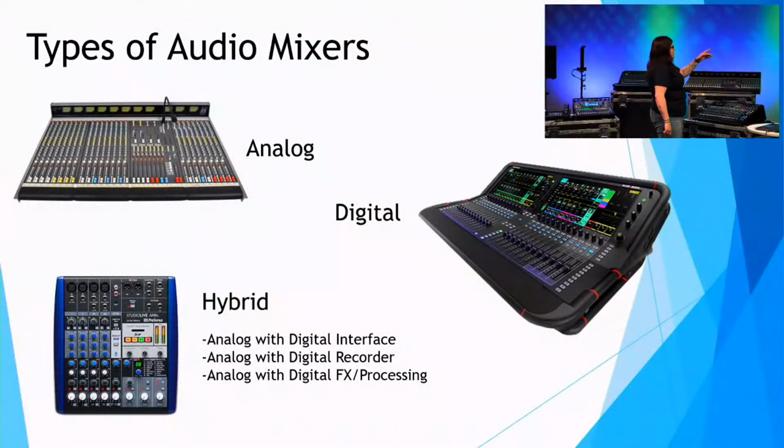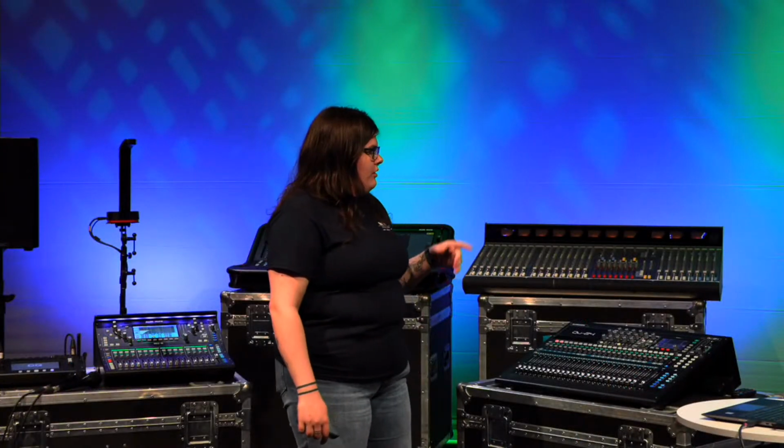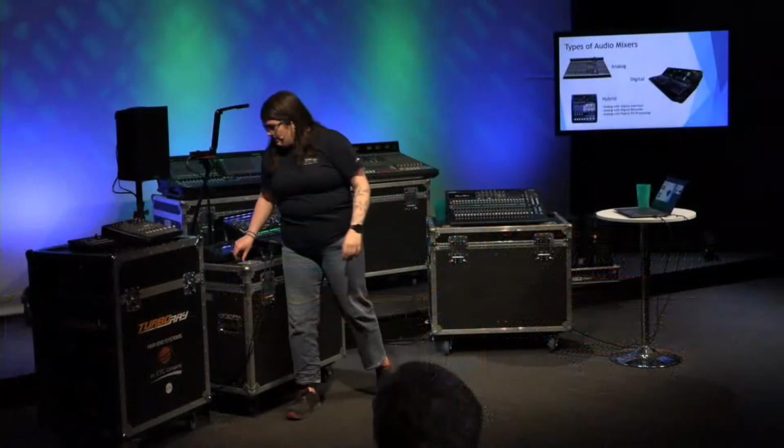And then also we have our hybrid mixers. We're not going to be talking about these a whole lot, but I just wanted to mention them because they are mixers that live in this kind of weird in-between space where, for the most part, they are analog, but they have some digital processing on board. On the slide, we have the Presonus, which is this guy here.